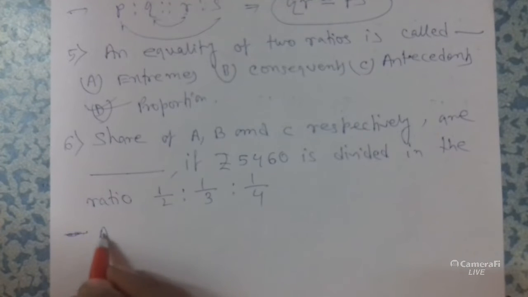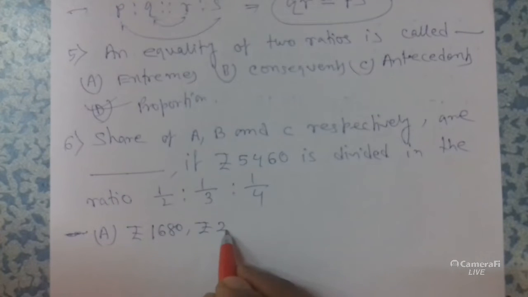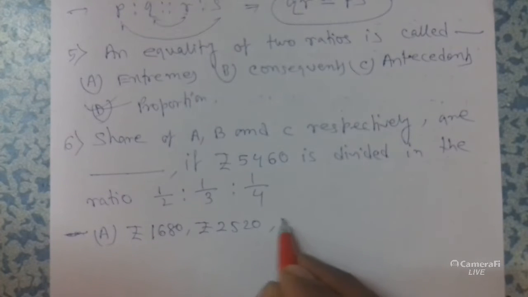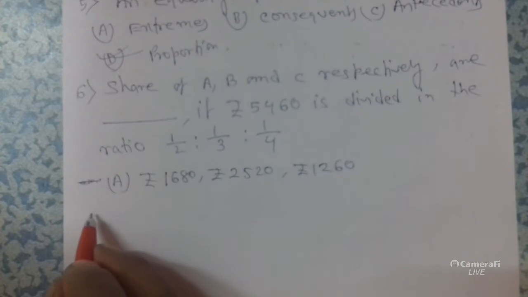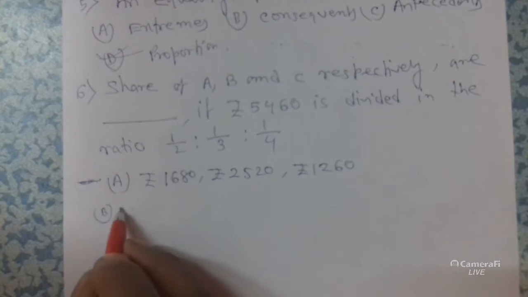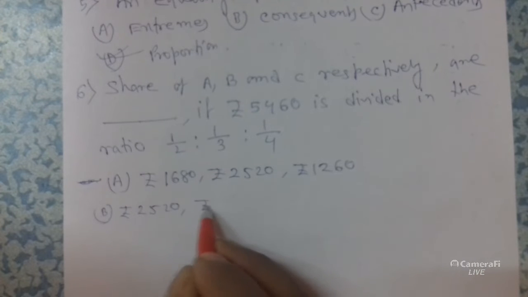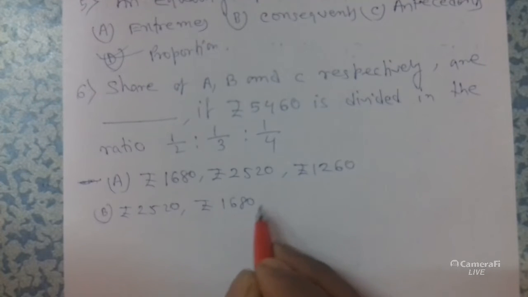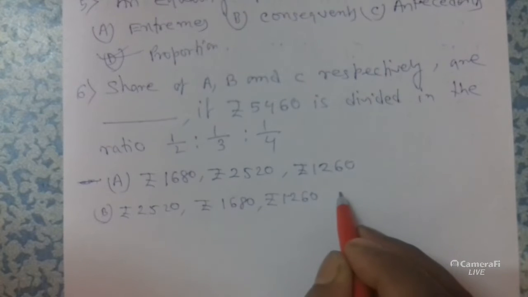So the options are: rupees 1680, rupees 2520 and rupees 1260. Another option is rupees 2520, rupees 1680 and rupees 1260.